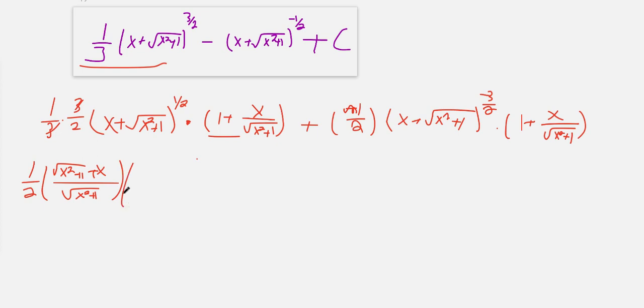Okay. And then I'm going to factor out this term, which, if you look at the video, is exactly what the integrand is. It's the square root of x plus the square root of x squared plus 1.